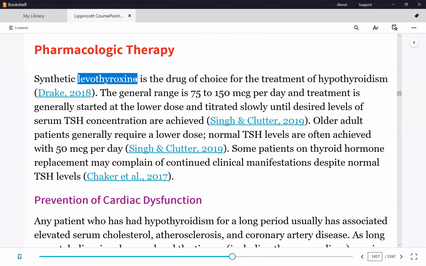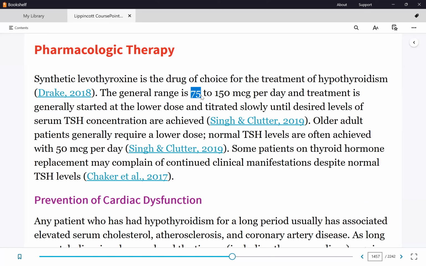Levothyroxine is the synthetic hormone, and it comes in different brands, but the generic name is the same. They're all called levothyroxine, but again, there are different brands. Armour Thyroid, there's Synthroid. Now, the rule for dispensing levothyroxine is the doctor will specify a brand because brands apparently differ in the formulation, meaning 75 micrograms of Armour Thyroid is not the same as 75 micrograms of Synthroid.